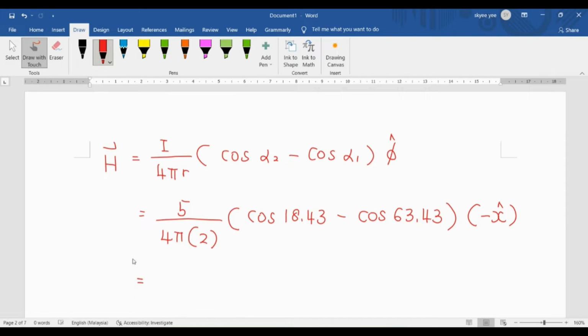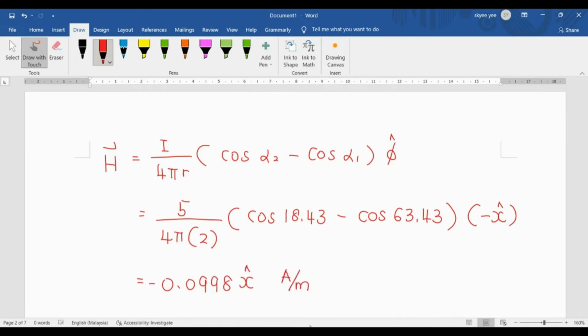So you can start to calculate. You get 0.099, almost 0.1, 997, negative x.